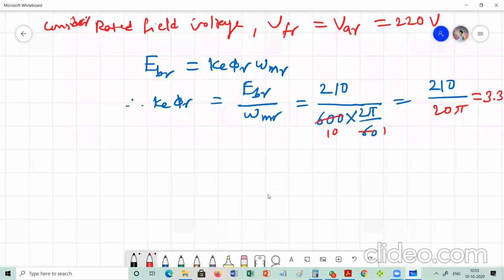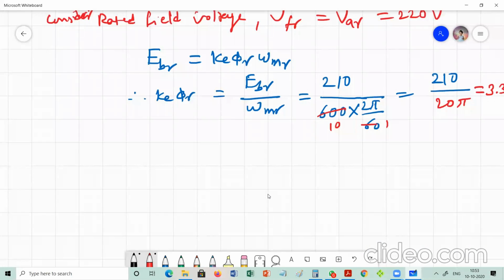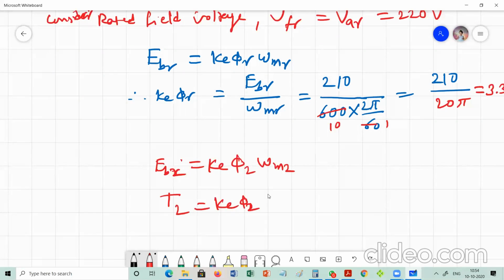For calculation of Ke phi 2, you can use either of these two equations. Eb2 is equal to Ke phi 2 omega m2, or T2 is equal to Ke phi 2 Ia2.